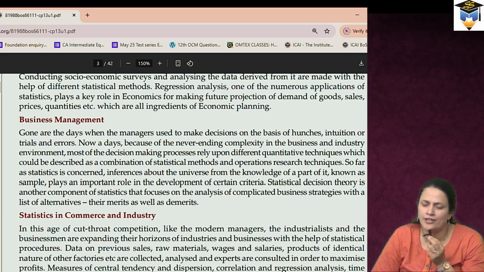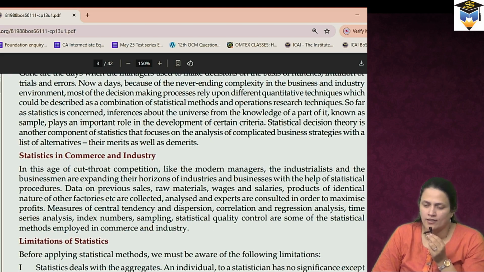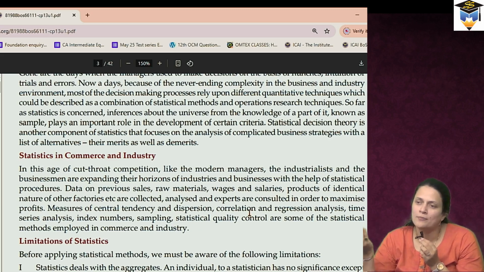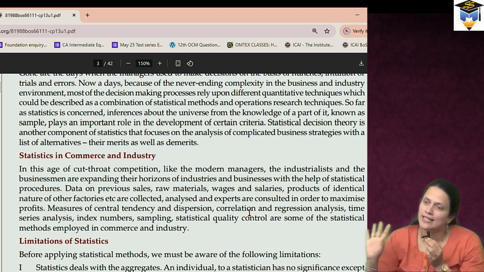In industry, data on previous sales, raw materials, wages, salaries, products of identical nature of other factories, etc. are collected, analyzed, and experts are consulted in order to maximize the profits. So what's the main purpose of business? Profit has to be the maximum. Then only the business can run.